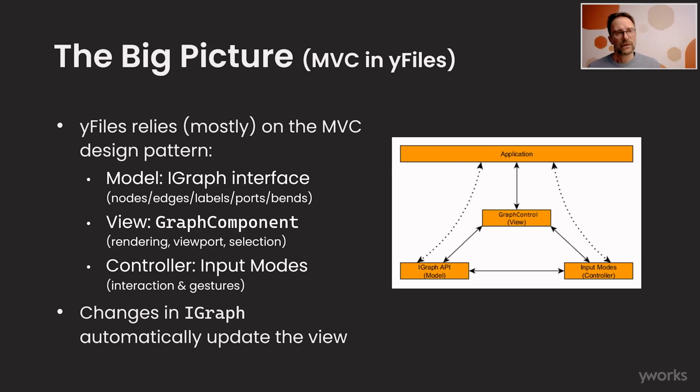And the controller is the part that interprets the user gestures and user input, like mouse input, touch input, or the user pressing some keyboard keys. What happens is that when the controller receives feedback from the user, it will modify the model, the graph, and then the graph will update in the graph component. Any change that you do on the graph will automatically update in the view. That's the usual round trip.